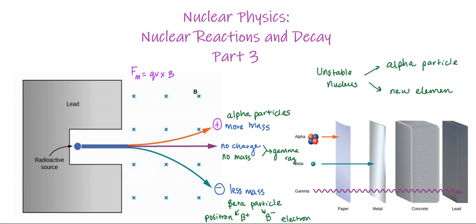So not only are these radioactive sources naturally emitting particles that can be detected through different forms of radiation, they're also forming a new element in the same radioactive process. And over the next few videos, we're going to take a look at how alpha decay occurs, how beta decay occurs, and then how gamma decay occurs.